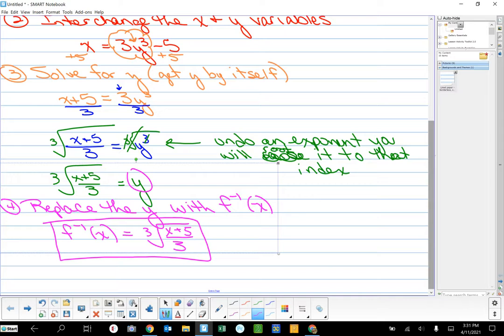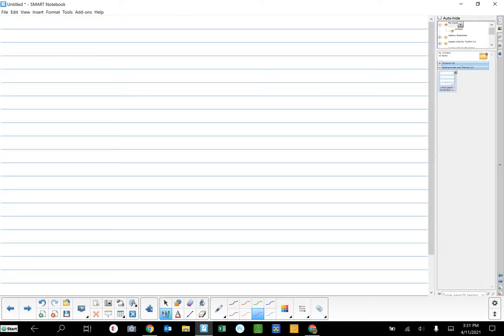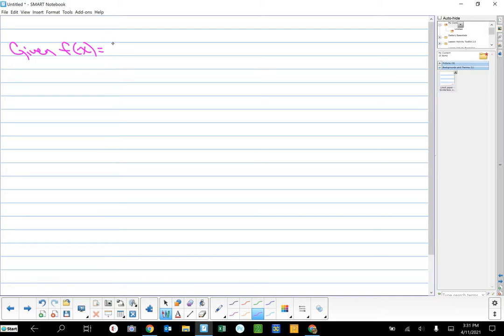I need to do one more example so that you have it, because you're going to need to follow these steps when you see one like it in varsity. Okay, so next one. This is example 2. Given f of x equals x plus 2 over x minus 4, find f to the minus 1 of x.